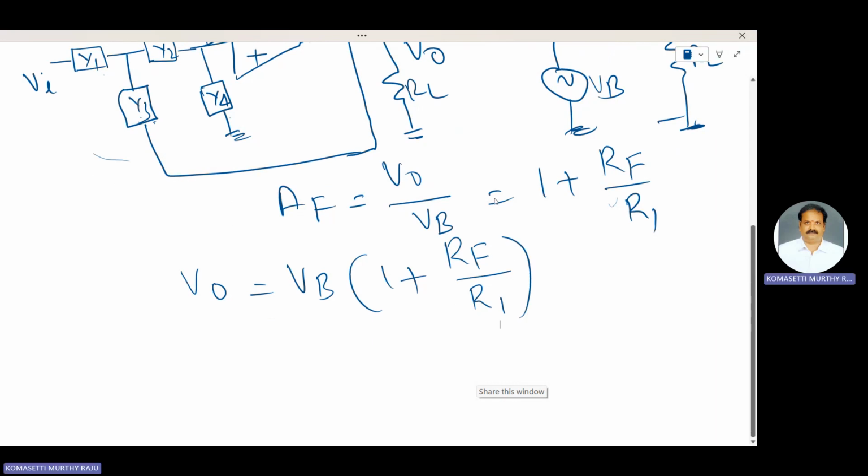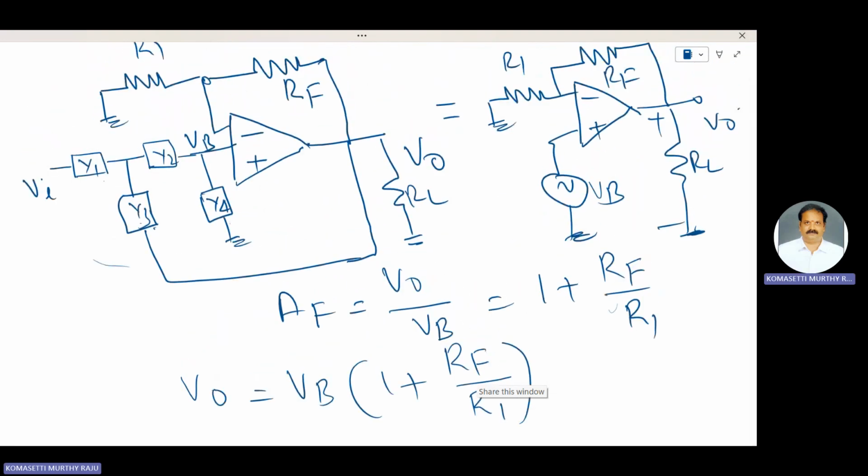Apply nodal analysis to this filter. At node A, the node voltage is VA. At node B, the node voltage is VB.